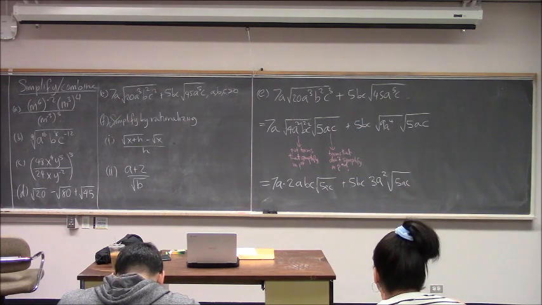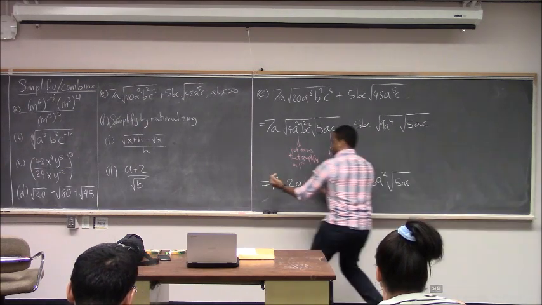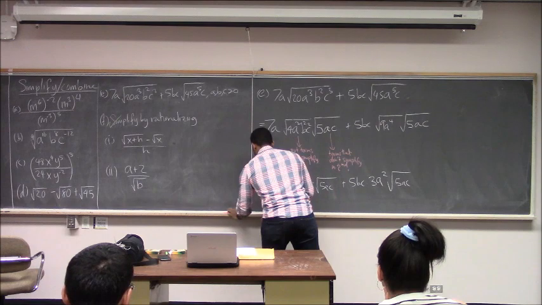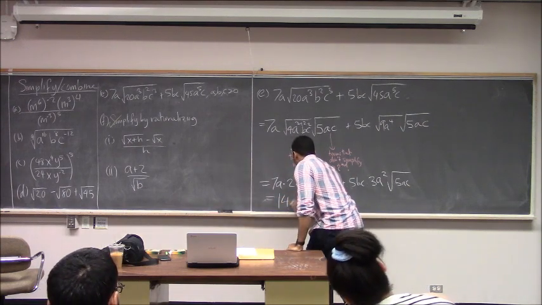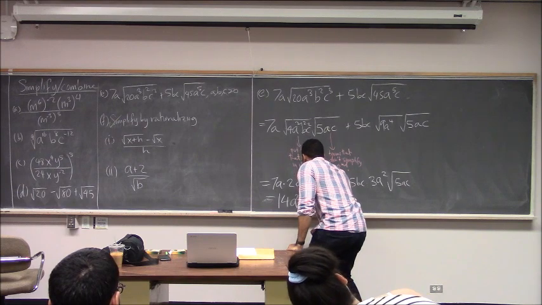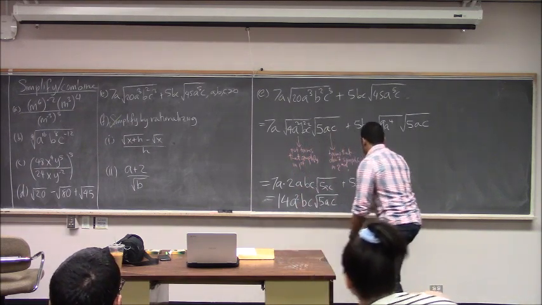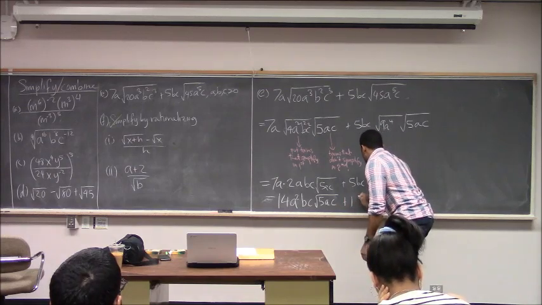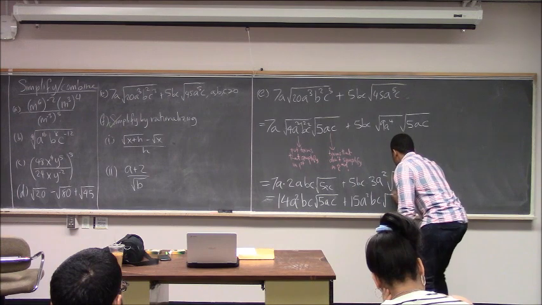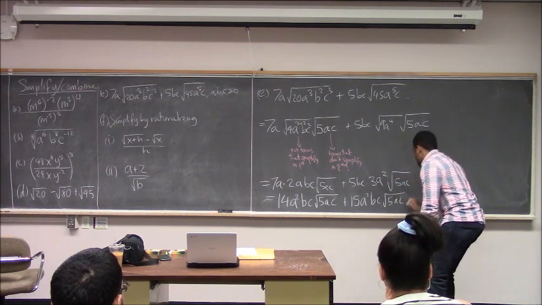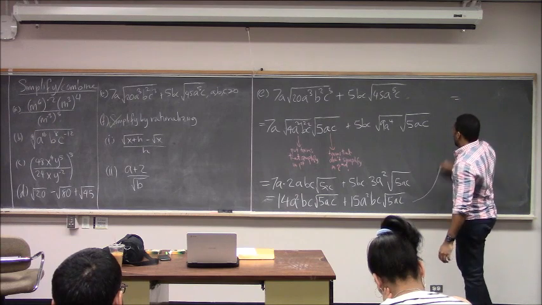And so now we have something like that. Now the first few terms, you can simplify those. So this is 14a squared bc radical 5ac plus this is 15 a squared bc radical 5ac. And what's that?